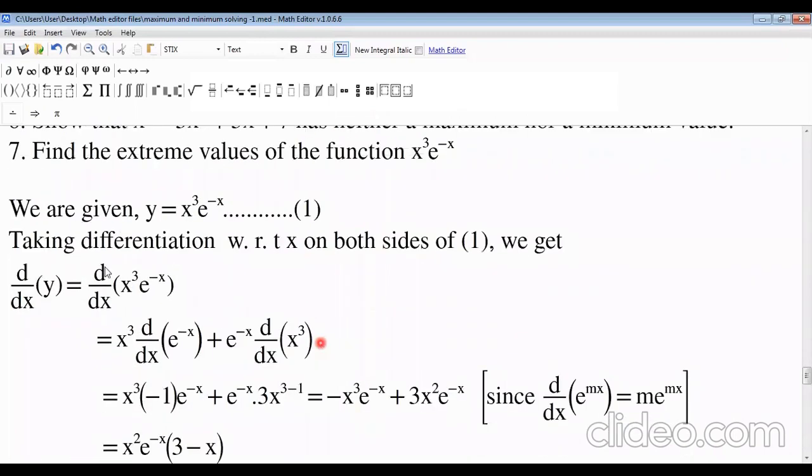So y equals x cube e to the power minus x has only one maximum value, which is 27 e to the power minus 3, and it has an inflection point. x equals 0 is the inflection point, because if at any point of a curve we don't get any maximum or minimum values, or any concave up or concave down, then that point will be the inflection point. So it has only one maximum value and there is no minimum value for this function.